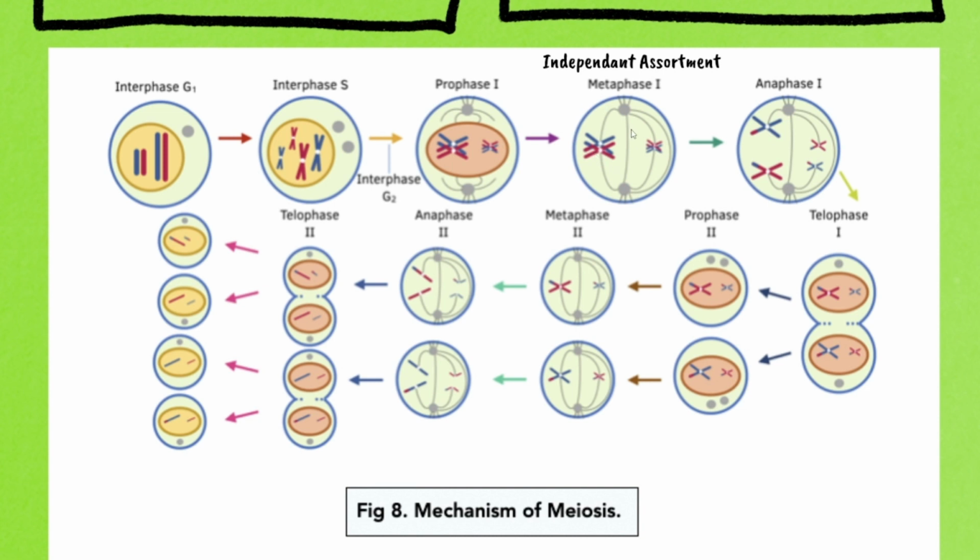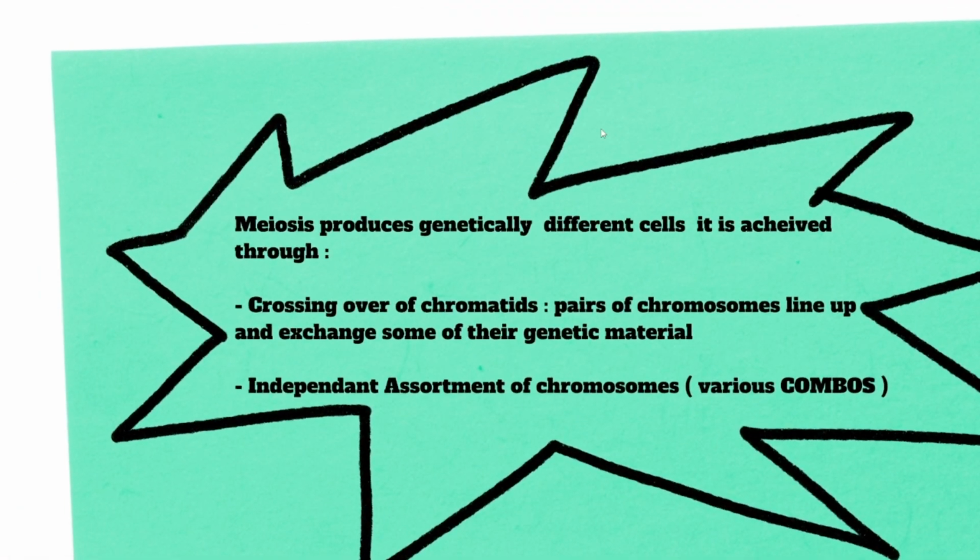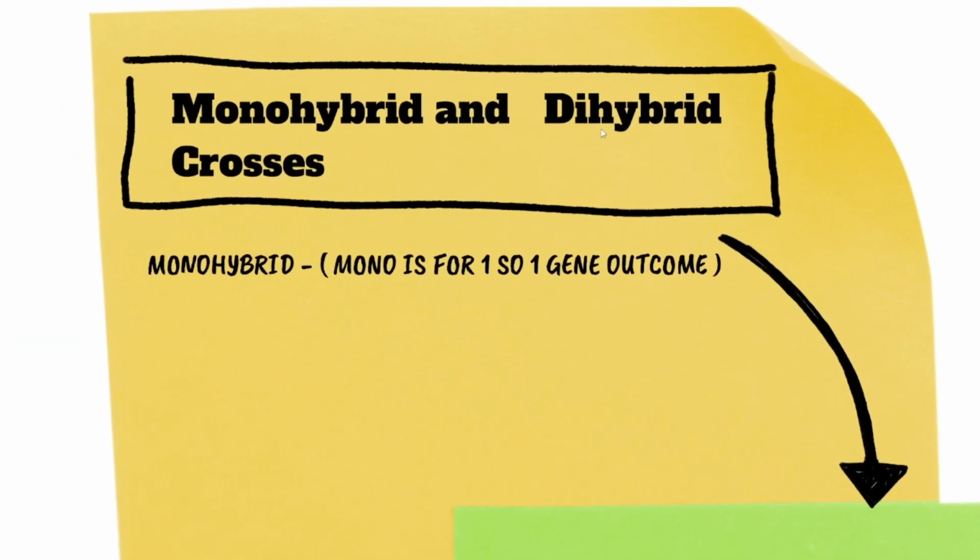And independent assortment takes place in metaphase one. So prophase one, crossing over; metaphase one, independent assortment. Boom. Now is the time for learning monohybrid and dihybrid crosses.